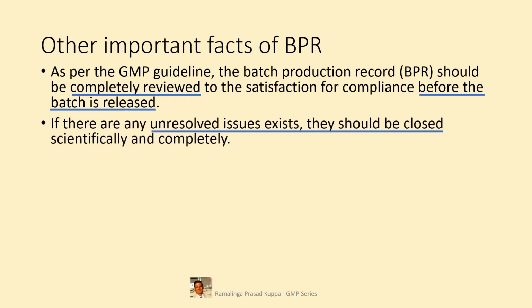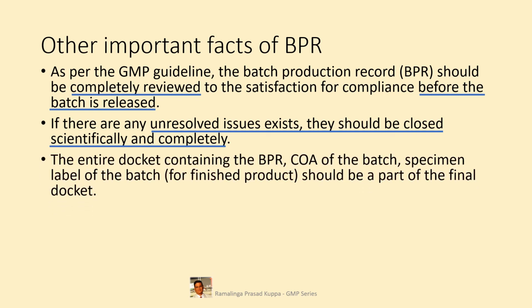If there are any unresolved issues, they should be closed scientifically and completely. Obviously, all the pending issues have to be closed out satisfactorily. The entire docket containing the BPR, COA of the batch, and specimen label of the batch for finished product should be a part of the final docket.